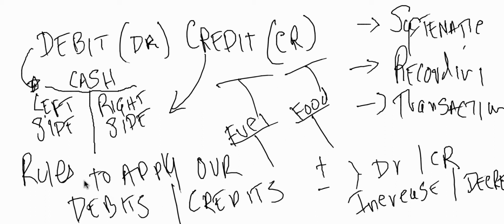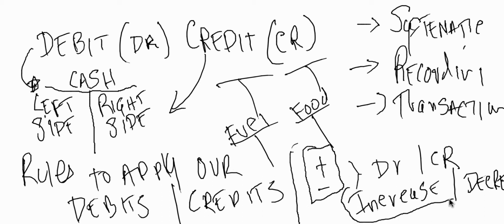Therefore, we need to have some sort of rules to help us apply the debits and the credits as we record these transactions. And what I'm saying here is that instead of thinking about a plus and a minus, which I know a lot of students like to do, I would rather you think about it in terms of an increase or a decrease, mainly because plus and minus is good for, say, a math class, but it's not going to quite make sense to you in accounting.